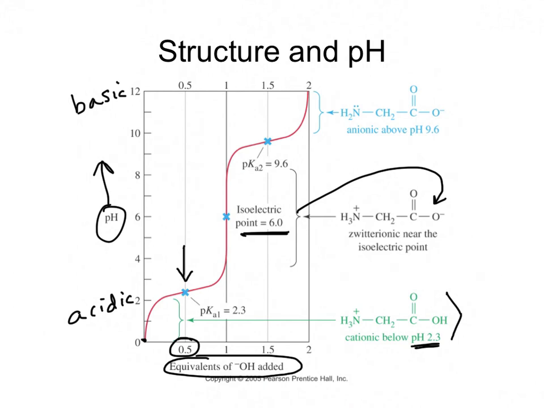The nitrogen's still protonated. It's a CH2COO minus. If I've added half an equivalent of base, I've halfway deprotonated. When you measure that pH on your pH meter, it ends up being a key point. You can see they put a little star there and said that's pK1. You can tell what the pK1, the pK of this carboxylic acid, is by that halfway point.